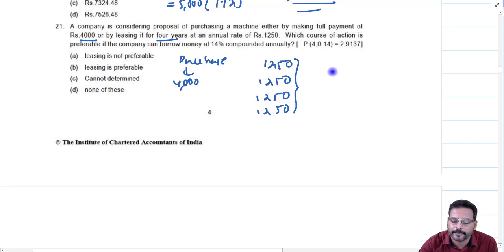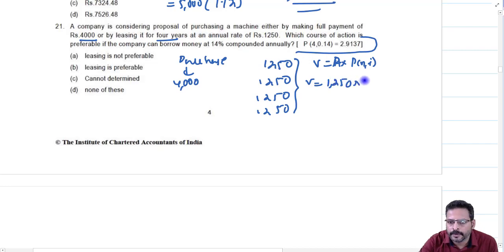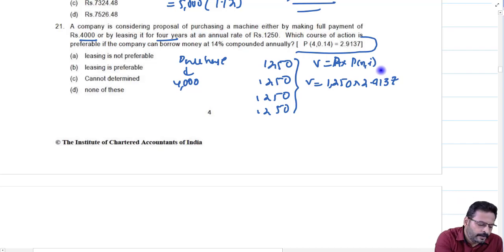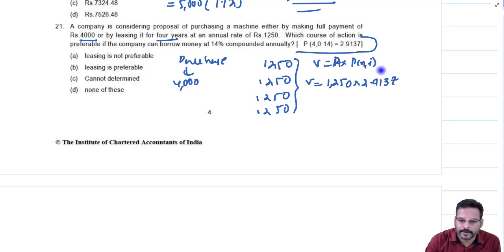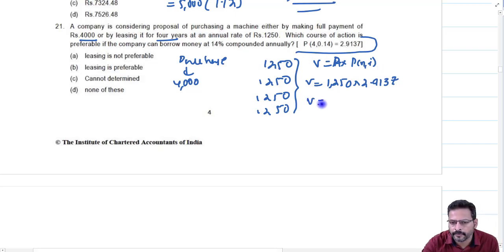We have to find out the present value of the regular annuity. V is equal to A into PNI. In the question itself, the present value factor is given, so we have to find out the present value. 1,250 into 2.9137 is equal to the present value of the leasing option, which will be 3,642.125.